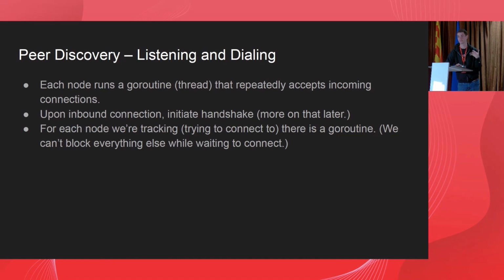Someone gossips to me one of those structs that I showed you before, and the IP address is different than the last one I saw, and the timestamp is later than the latest one I saw. So I'm trying to dial 1234 with timestamp 0, and now I hear that your IP address has changed to 5678 with timestamp 1, so I'm going to go with the timestamp 1 IP address and stop dialing the 1234 address. Okay?